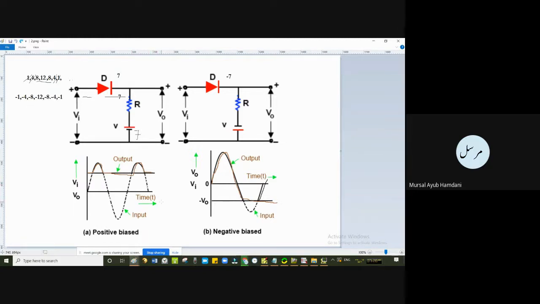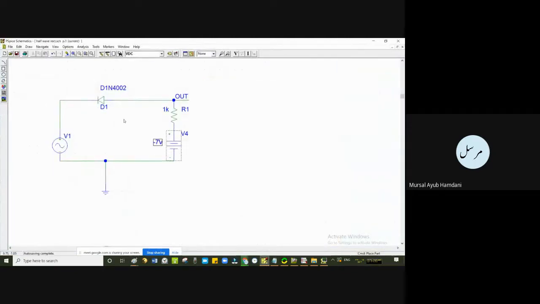So in that case, let us try to shift the direction of the diode and see whether we get the output accordingly or not. For the case of our example, control R, and then this connection.